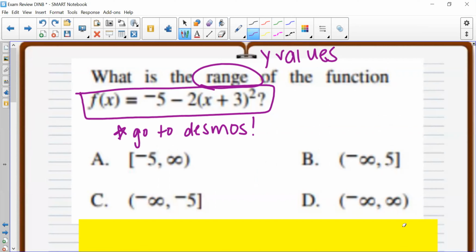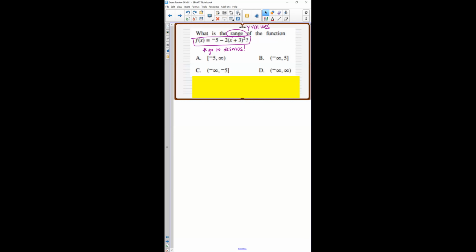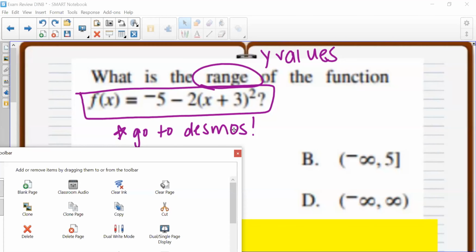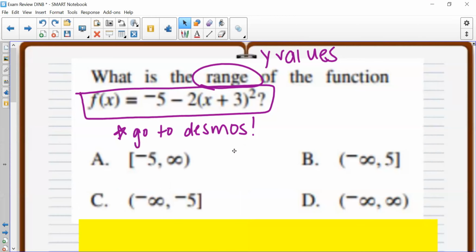You'll never see negative infinity as the second part of your answer. And then again, we said range goes bottom to top. So since the highest number was at -5, -5 will be the second thing that we see. So it's going to be negative infinity to -5.